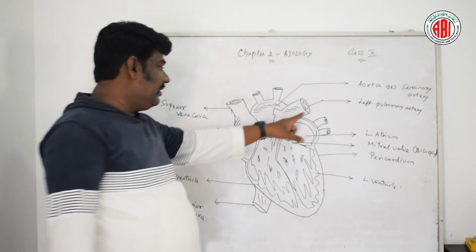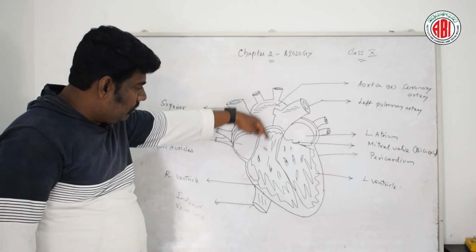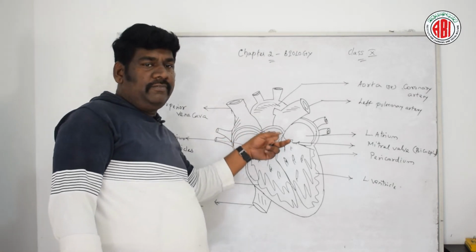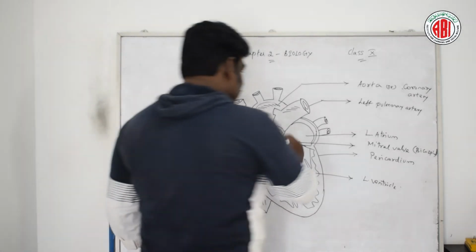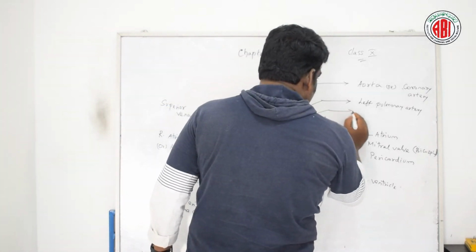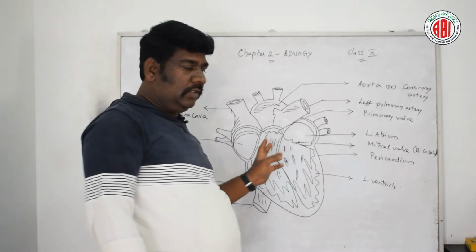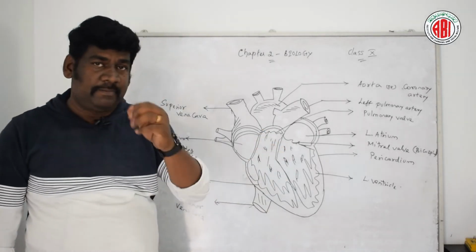In the left side pulmonary artery, it is entering through this path. From here we can see one valve. That valve is named the pulmonary valve. Okay, so this valve is named the pulmonary valve.